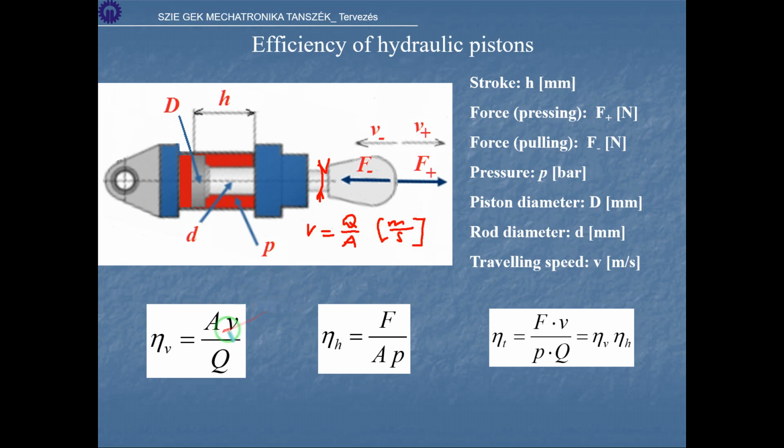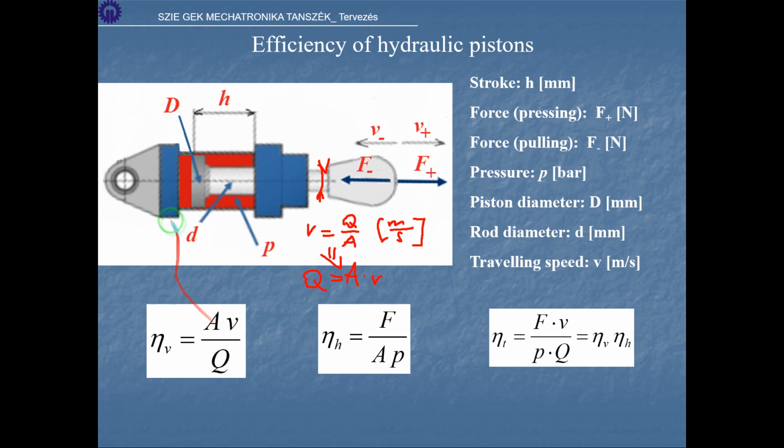So here we can see this. Therefore Q equals A times v.